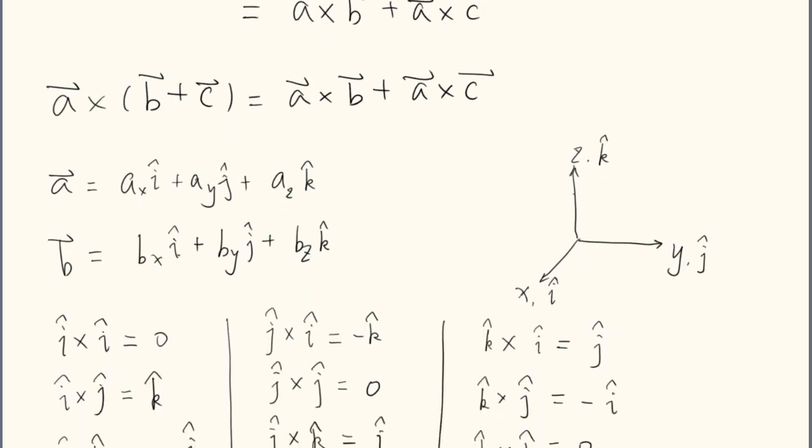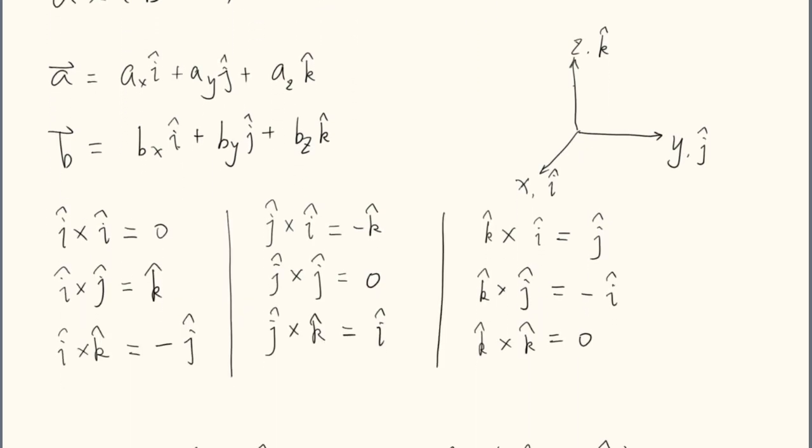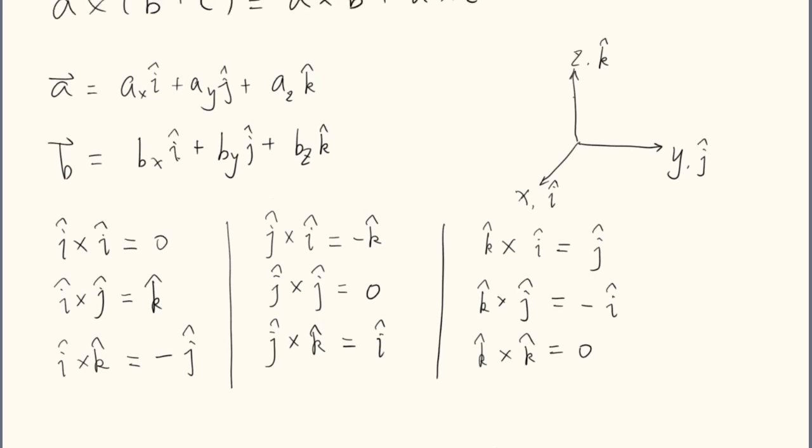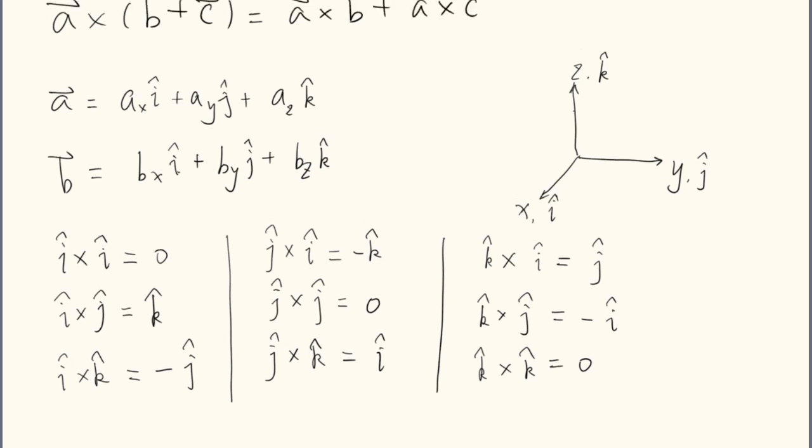Now we have proved the distributive law of the cross product. Now we are going to calculate the cross product of any two vectors by using coordinates. Look here. Here are the axes x, y, z with the unit vectors i roof, j roof, and k roof.